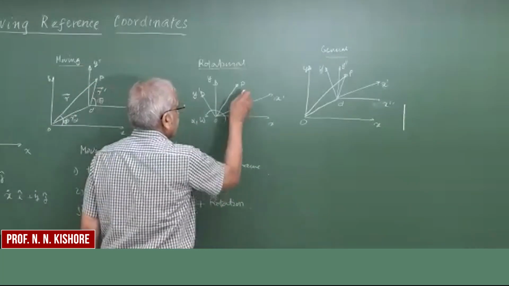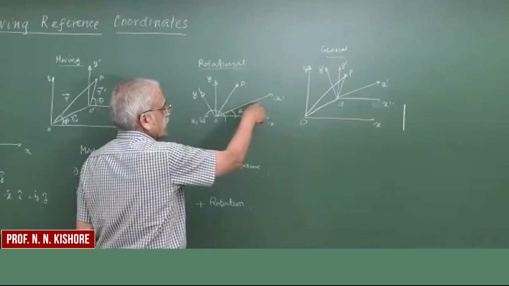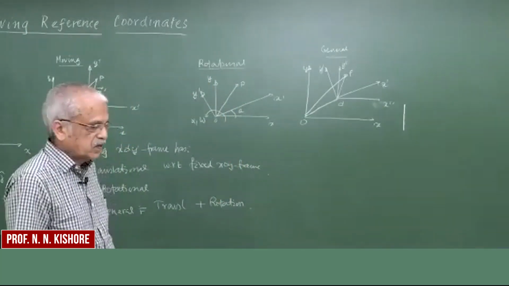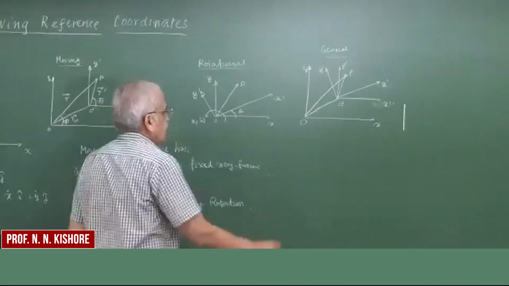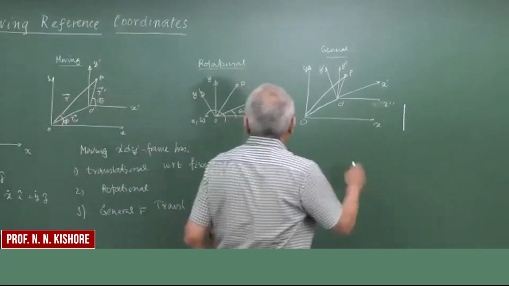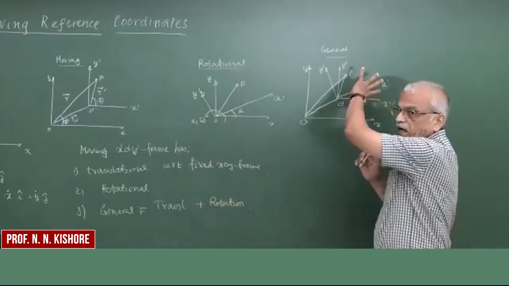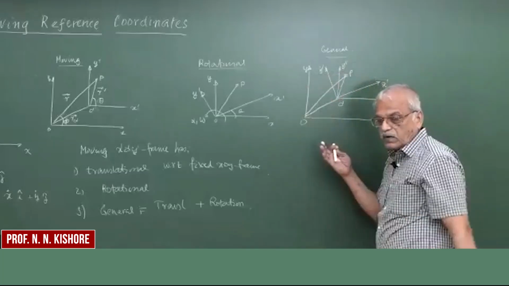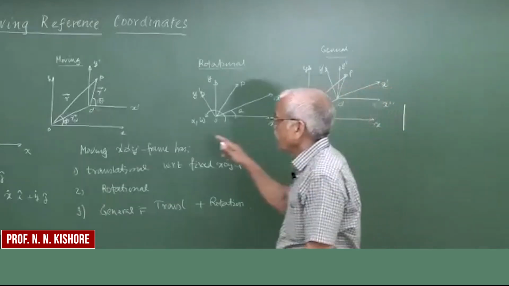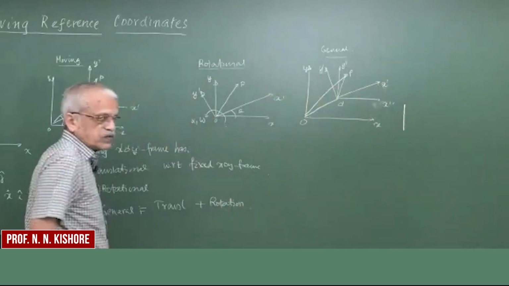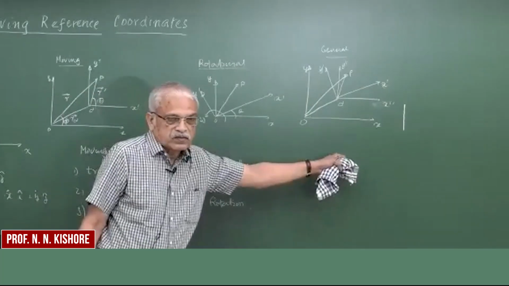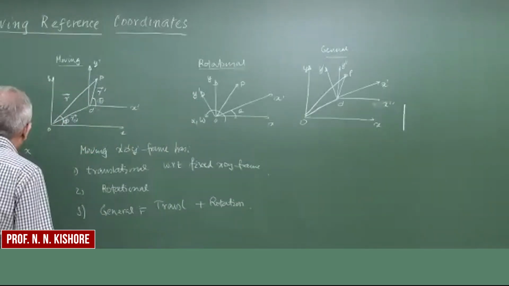So this P is now observed in x prime y prime, and also in the fixed frame xy. While this is a general case wherein the whole thing is translating as well as rotating, both done simultaneously. In any case, this is the sum of these two motions, translational and rotational, which will be the general motion. So let's try to understand one by one.